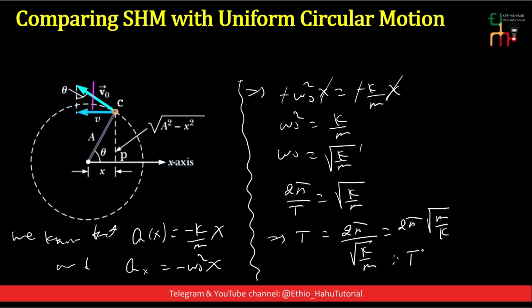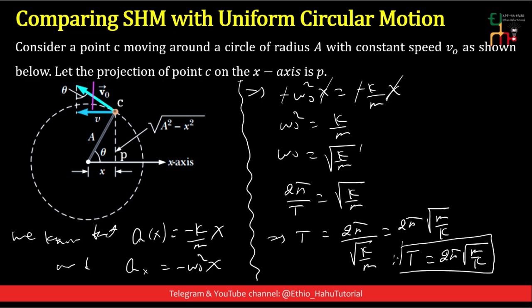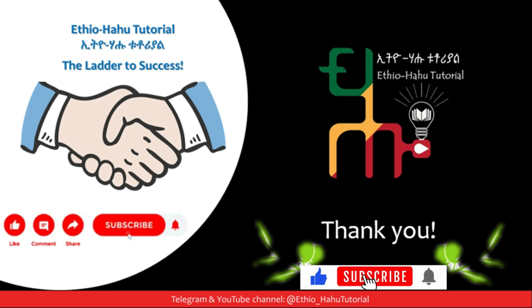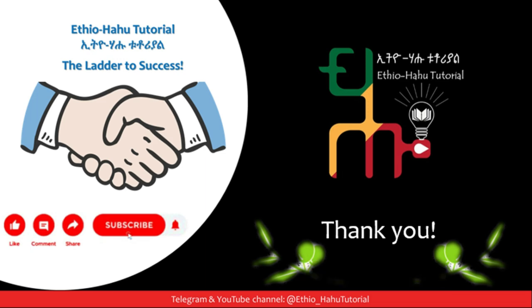Therefore, the period of oscillation of point P is equal to 2 pi the square root of m over k, and this is the same as the period of rotation of point C around the circle. And this is how simple harmonic motion is related to uniform circular motion. This is all for today. Next, we'll do an exercise on this. Until then, have a nice time.